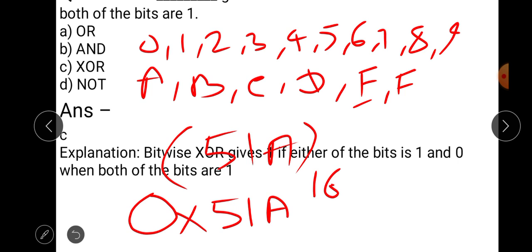Now that representation is very important, because for certain numbers we cannot say whether it is hexadecimal, octal or binary. For example, if I just write 1 1, then it may be an octal number, a hexadecimal, a decimal, or a binary number.